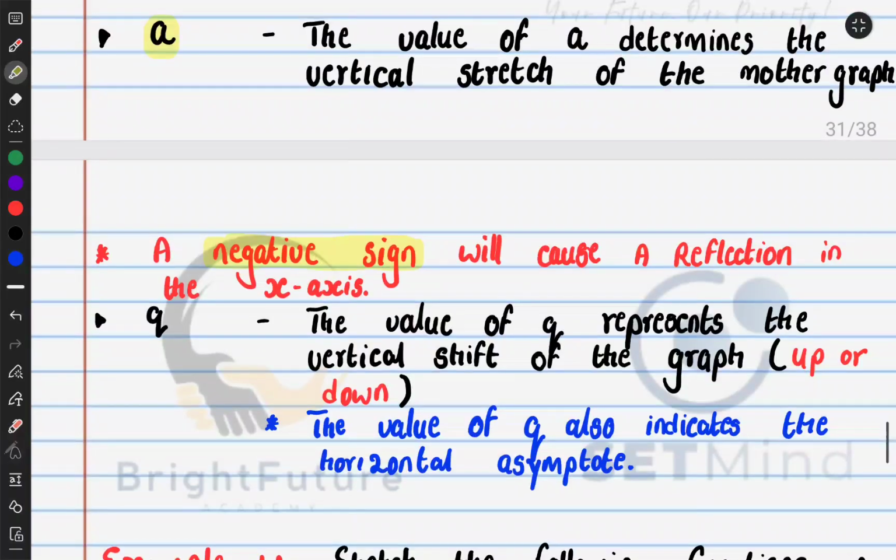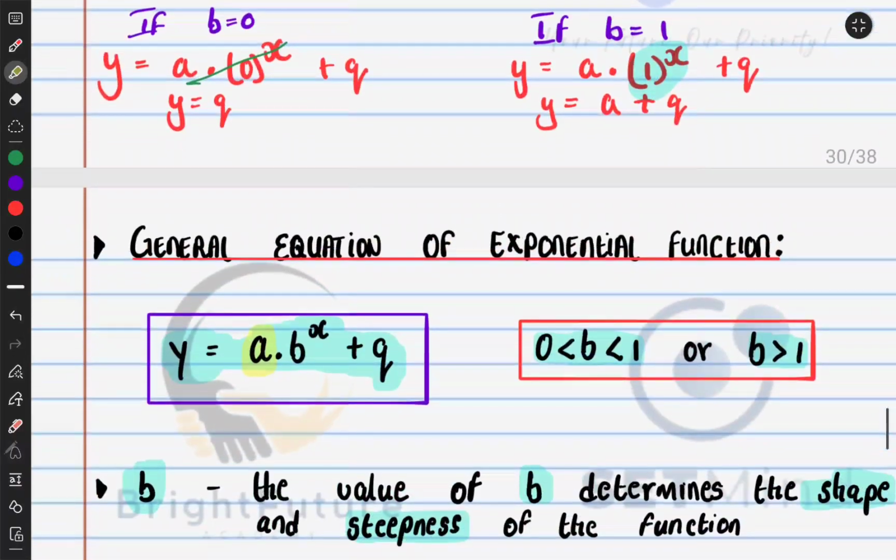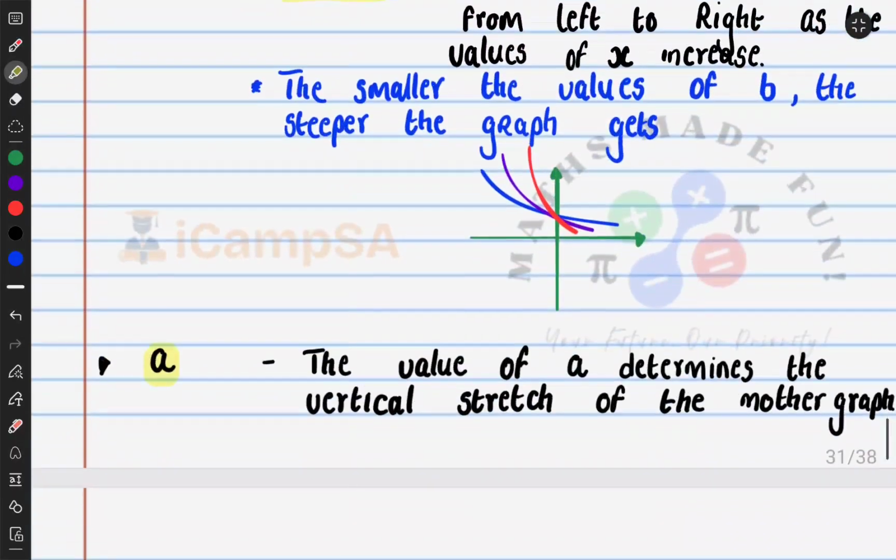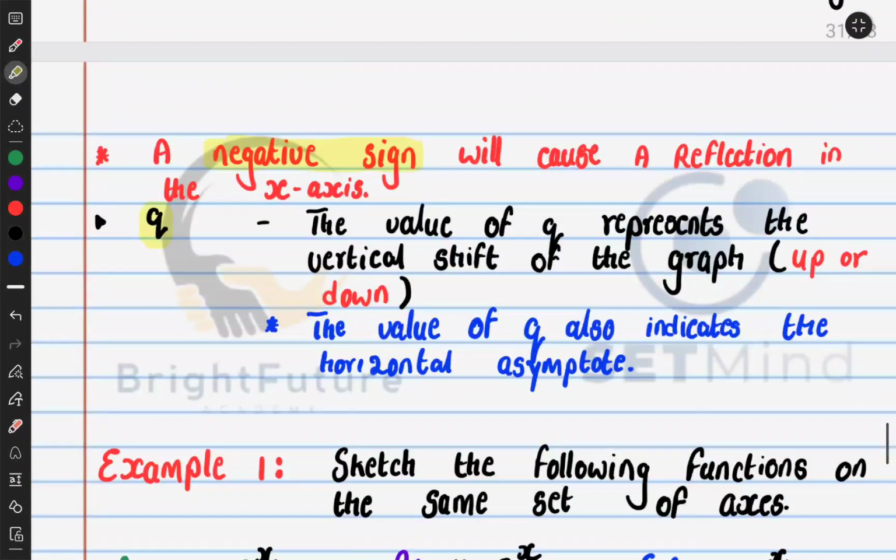And then lastly we have q. If you've been with us for some time, you already know that q is actually our horizontal asymptote, and it also determines the vertical shift of the graph. Be careful with that. We said a determines the vertical stretch, and q is the shift of the graph up and down.